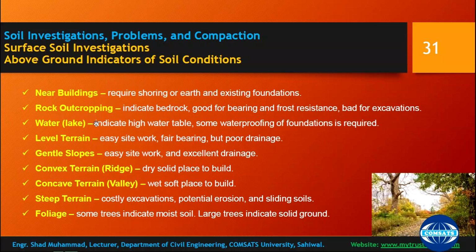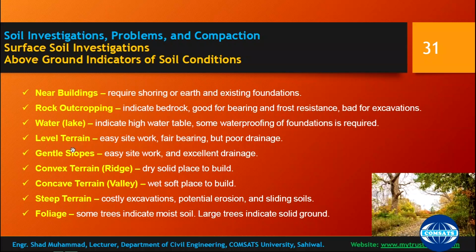Rock outcropping indicates bedrock beneath the surface, which is good for bearing and frost resistance, but bad for excavation, so excavation will be quite hard. Water or a lake indicates a high water table, and some waterproofing of the foundation is required.